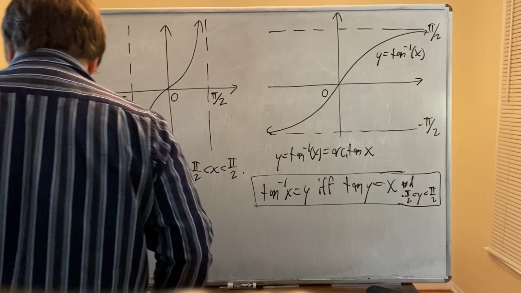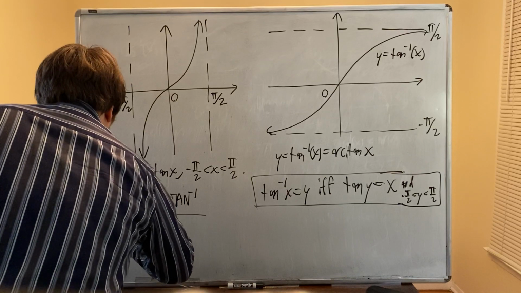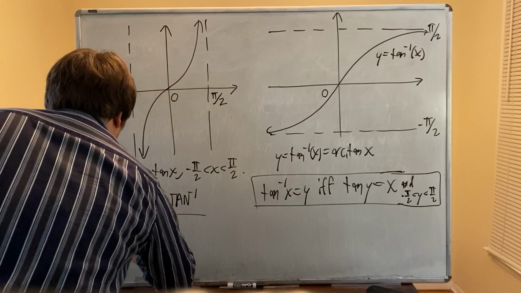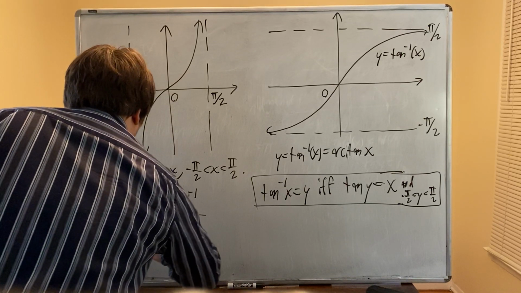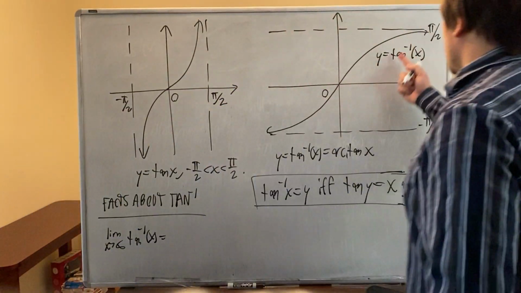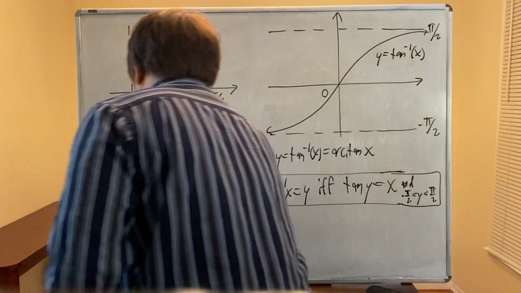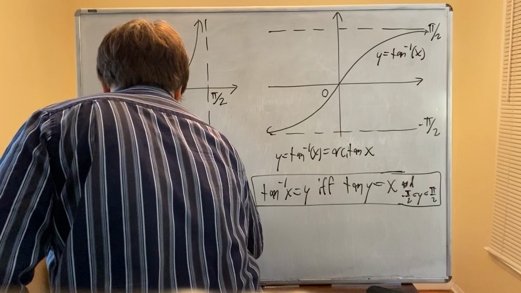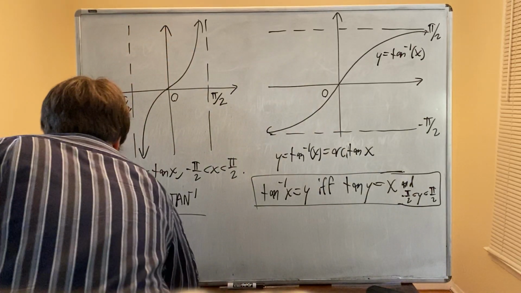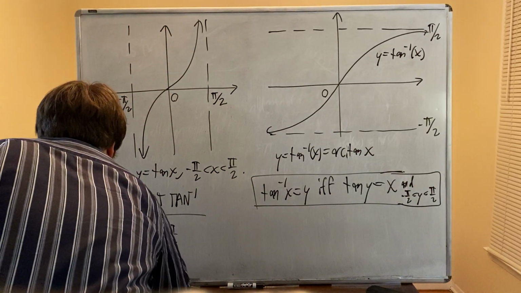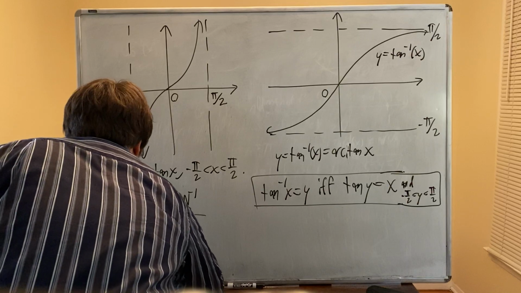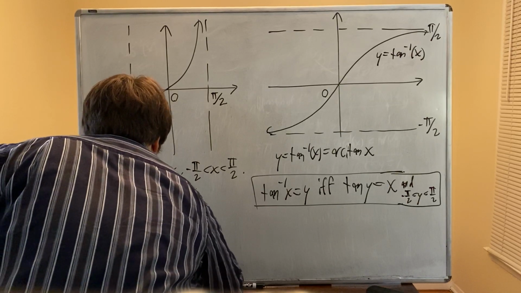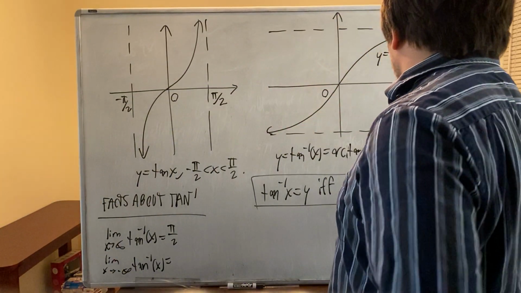Okay, the limit as x approaches infinity of tan inverse of x, as the graph suggests, is pi over 2. The limit as x approaches negative infinity of tan inverse of x is negative pi over 2.